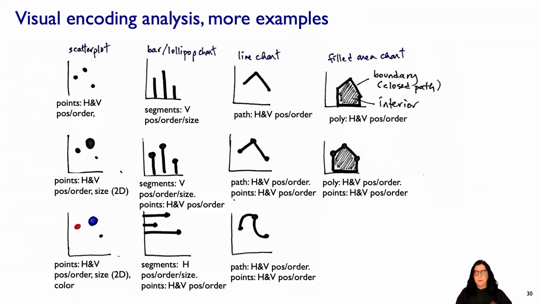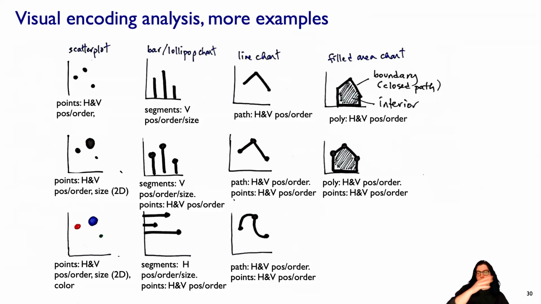Now, the thing I want you to notice, of course, is on this slide, we've got the same data, right? The scatter plot, the bar chart, the line chart, the filled area chart. We're seeing these different variations of what are some of the ways we can take those same data points. And what I'd like you to notice is where your attention is being drawn, right? We already talked about the fact that with the scatter plot compared to the different orientations of bars or lollipops, you're able to either focus on both horizontal and vertical, or much more on the horizontal or much more on the vertical.